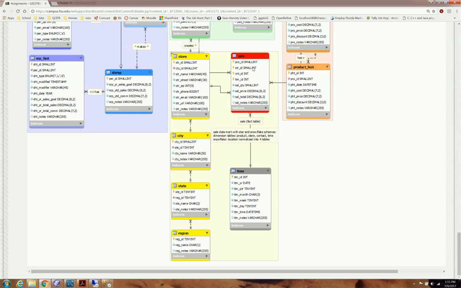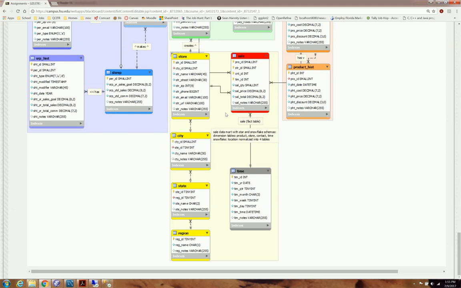Now, in your textbook, the snowflake schema involves the normalization of another dimension table. So again, what we're normalizing here is a location table, or as per the book, a location dimension.